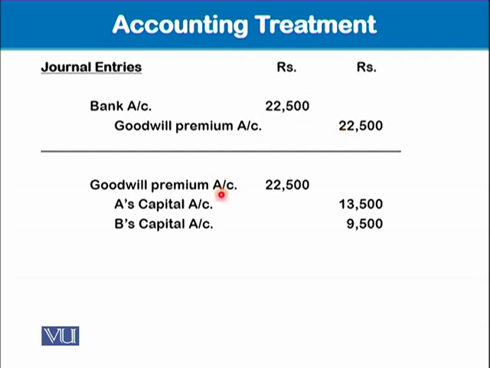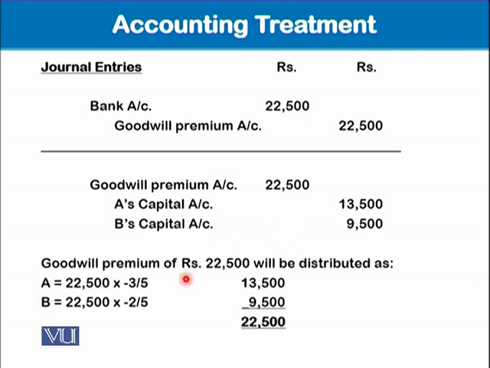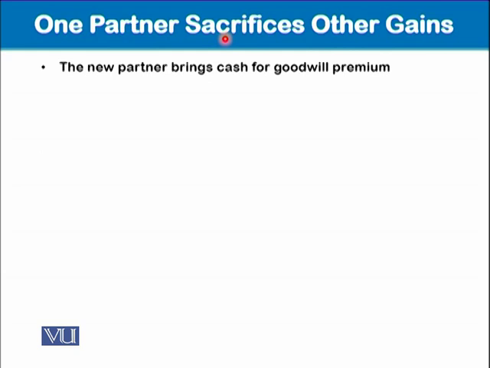So the goodwill premium will be distributed among the old partners in their ratio of sacrifice. The person who is sacrificing more will get more amount in their capital, and the person who is sacrificing less will get less. So goodwill premium of 22,500 will be distributed like this, in sacrificing ratio.